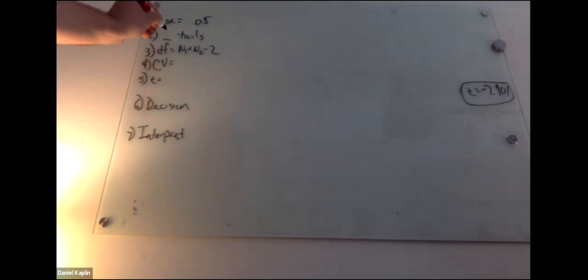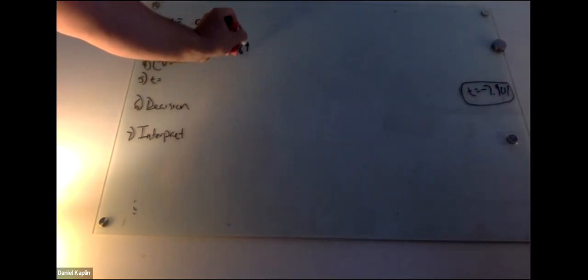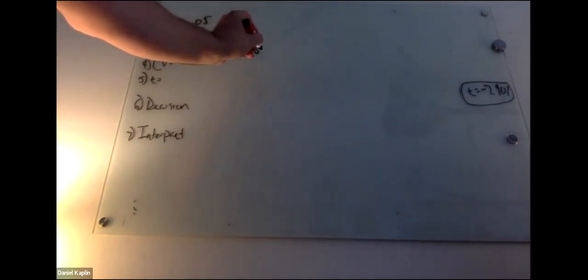Probably not, and vice versa. So we're going to have our two-tailed test. We're going to put the two tails there. Now we need to do our degrees of freedom. Remember, each group had 8 participants, right? So 8 plus 8 is 16 minus 2 gives us 14 degrees of freedom.